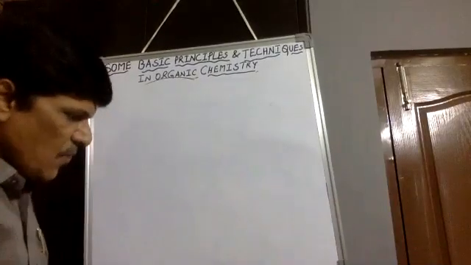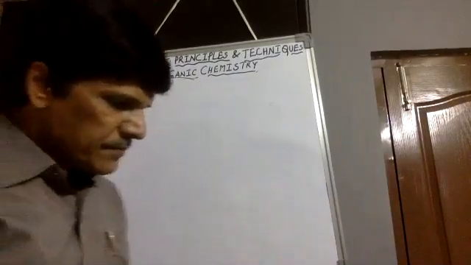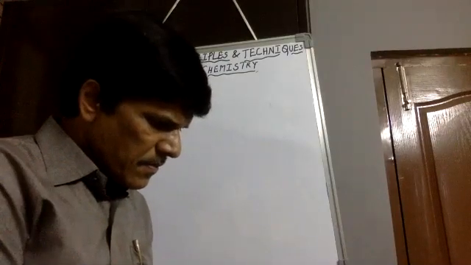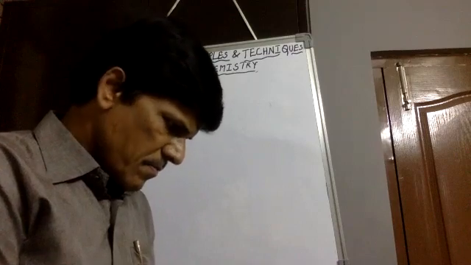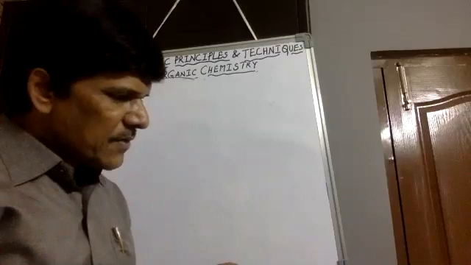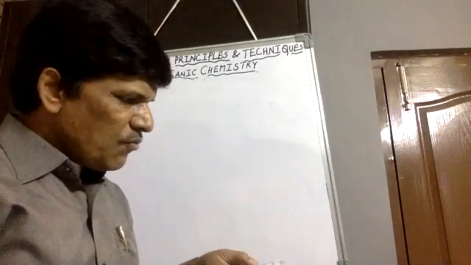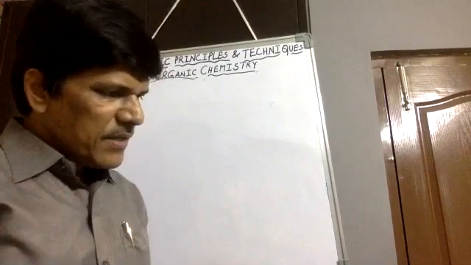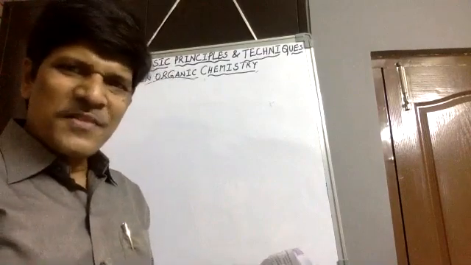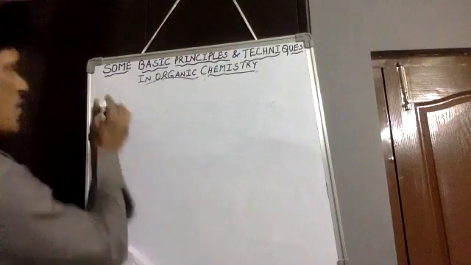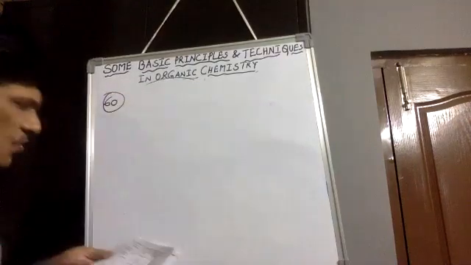Question number 59: removal of a hydride ion from a methane molecule gives carbocations. One more question we take: question number 60, the IUPAC name of the compound. Please refer to this question.